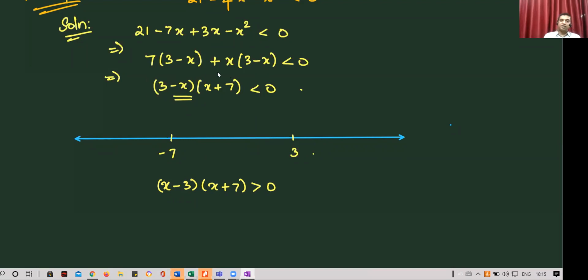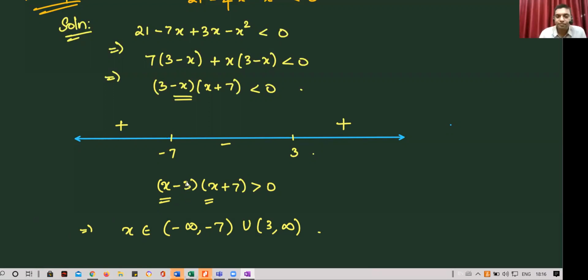If this number is negative, I multiply with a minus sign, it becomes positive. Correct? So I need to solve this. So now, because coefficients of x are positive, go to the extreme right, write plus, minus, plus. All right? You get x belongs to minus infinity to minus 7, union 3 to infinity.